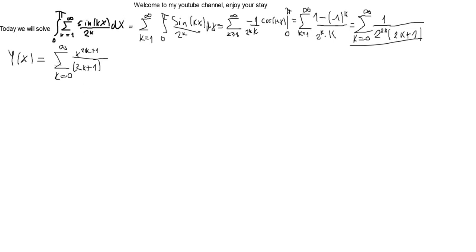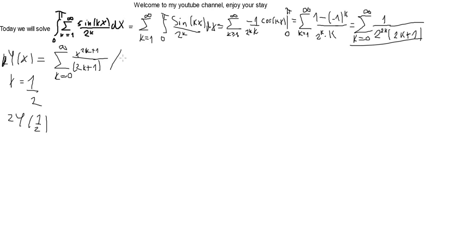Because if we put x equals 1/2, we will have our original sum, just with 1 over 2k plus 1. So we will just have to multiply this with 2 in order to get what we need. So we will just need 2 times phi of 1 over 2. So we need to find out what this sum is.